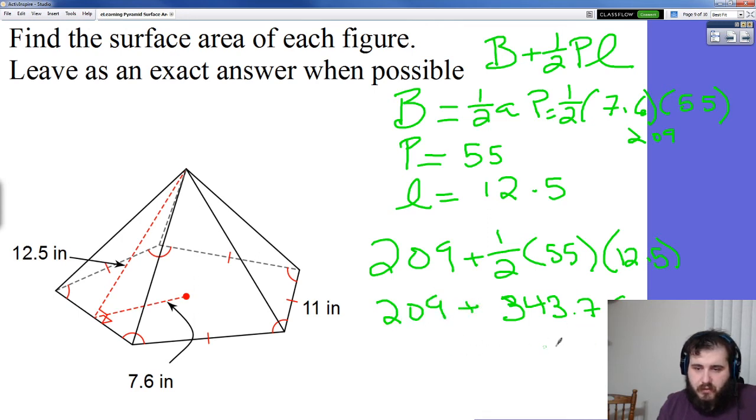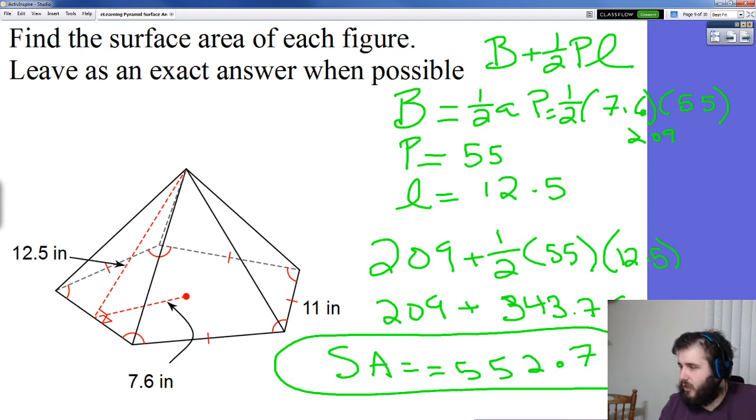And just add them together. 552.75. That is your surface area. That's inches squared.